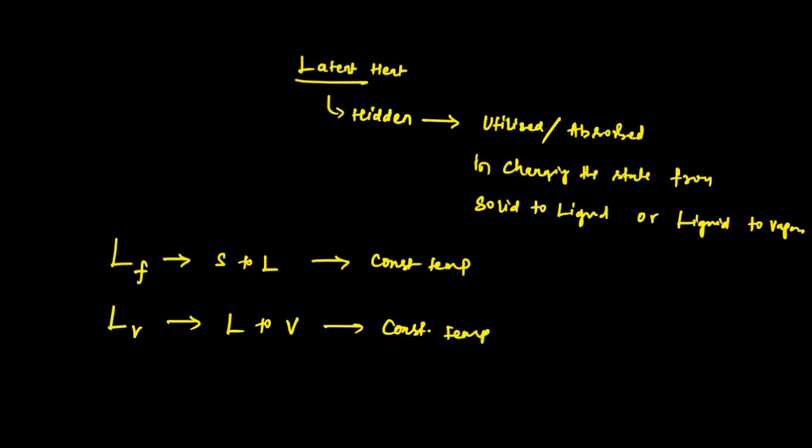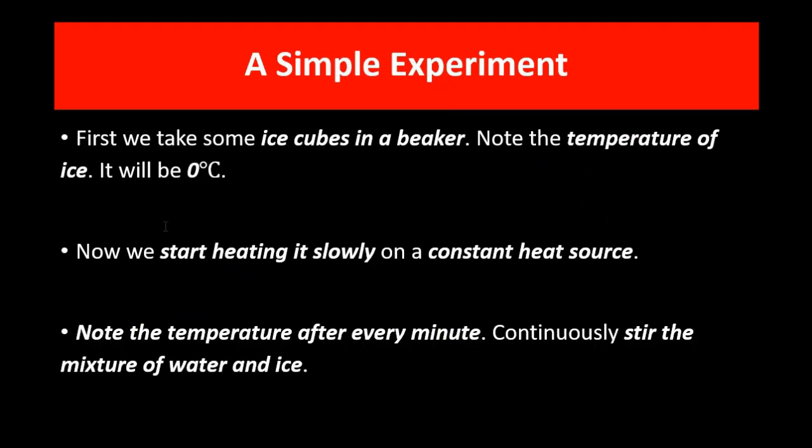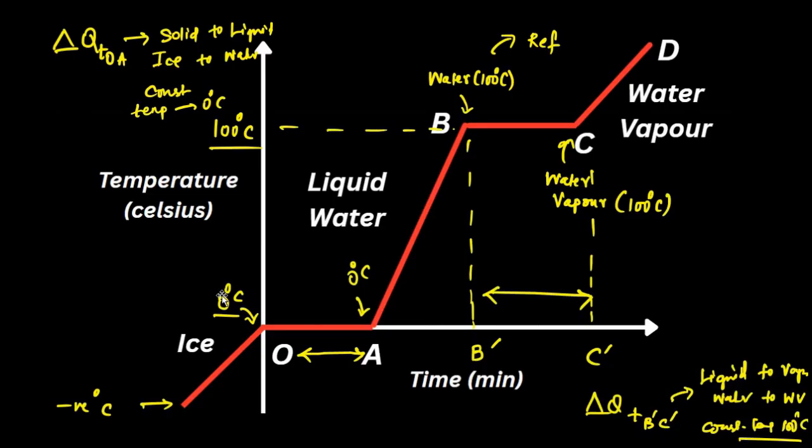Okay, so these are the basic concepts related to change of states. I used this basic simple experiment so that you can understand it in a better way. For different substances, these latent heats, these reference points, these constant temperature points, these plots will be different in nature. This is for ice, water, vapor transition.